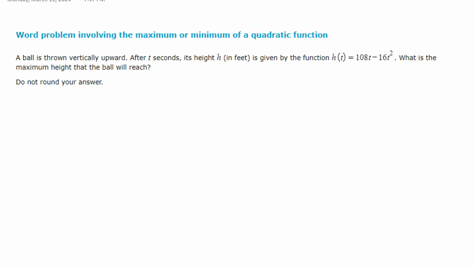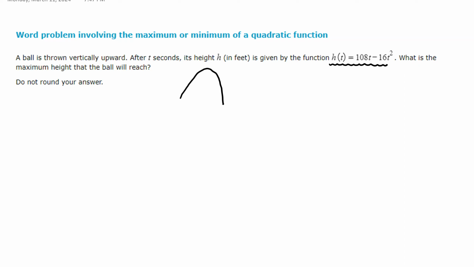Okay, so let's think about this. h of t is the function that's mimicking the height of the ball. You can even just picture you throw a ball up and then it comes down. So this is a parabolic trajectory, all right? Fancy words for a parabola.